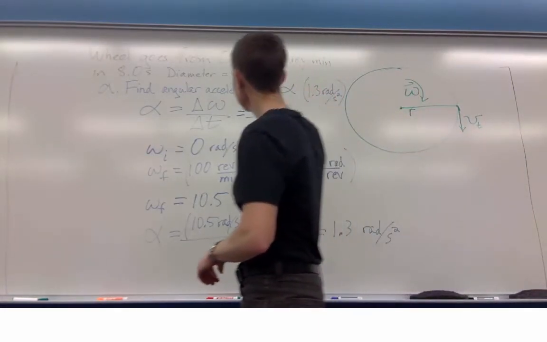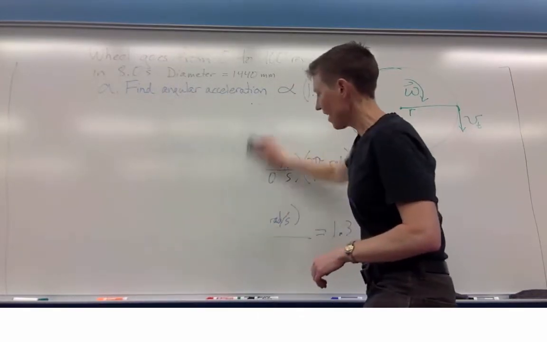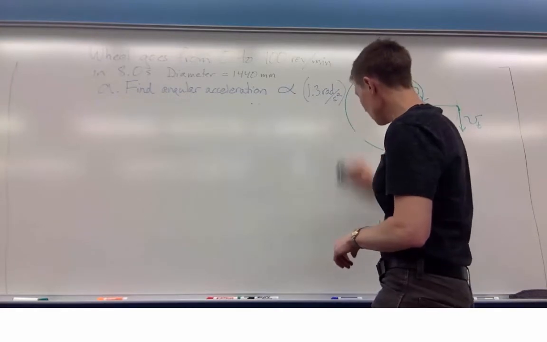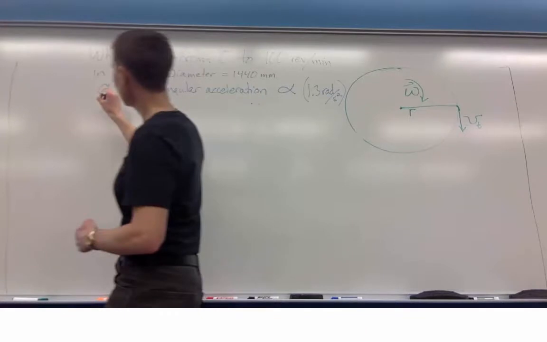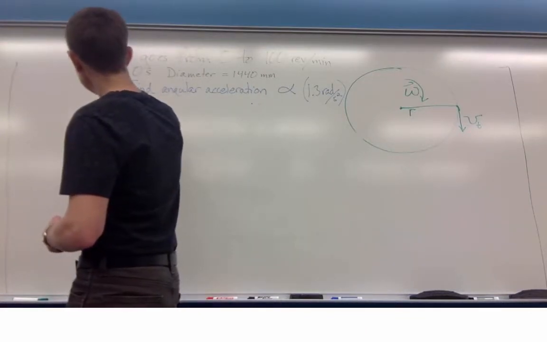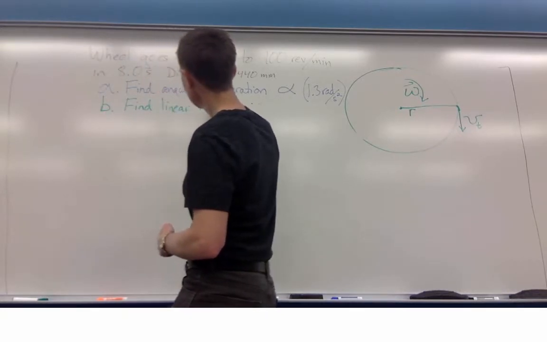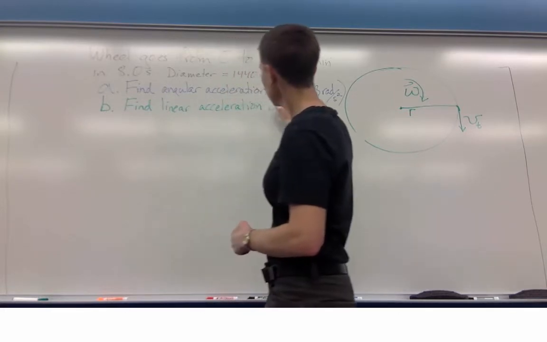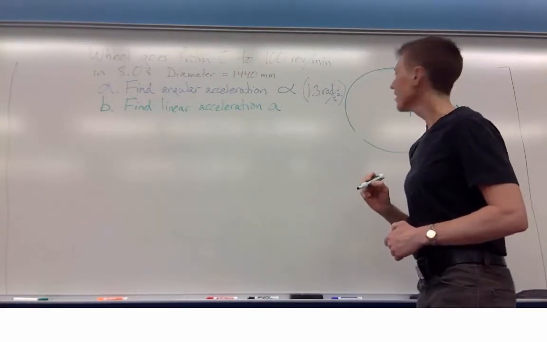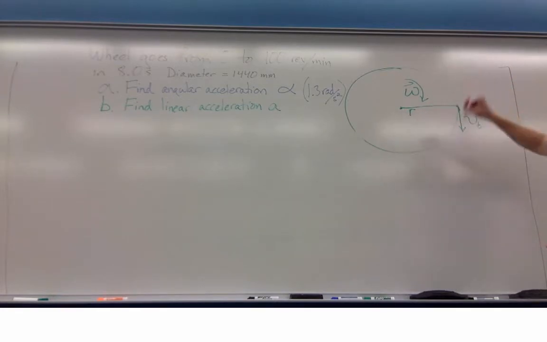So we'll erase this. And let's figure out what the total linear acceleration is. So part B. Find the linear acceleration. And this we will just call A. And so with our picture here, the wheel is speeding up.